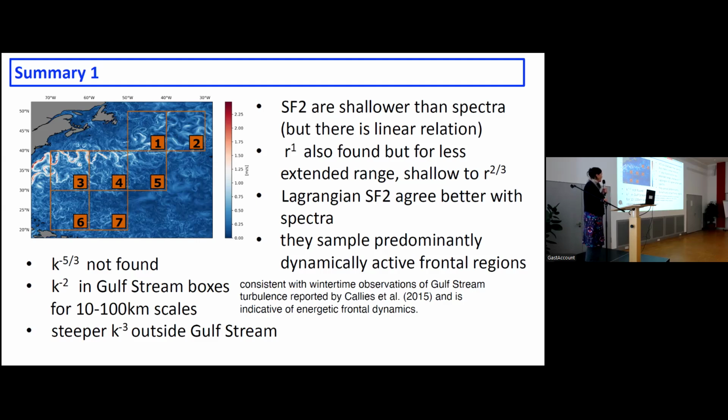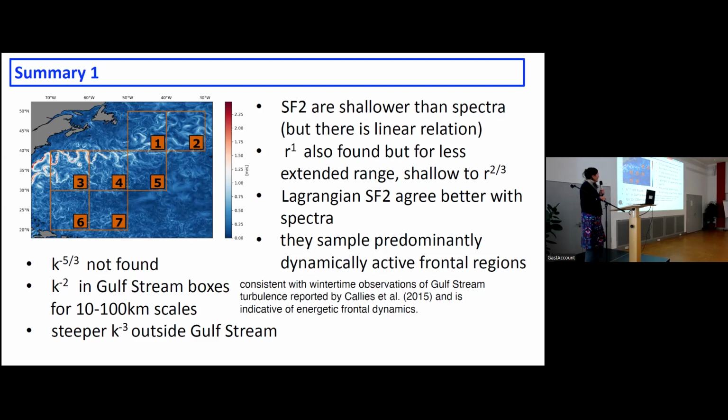And you can show that then the second order structure function would scale linearly with the separation. So that would be consistent with this k to the minus 2. So the structure functions are shallower than the spectra. However, there is a linear relation between the two.